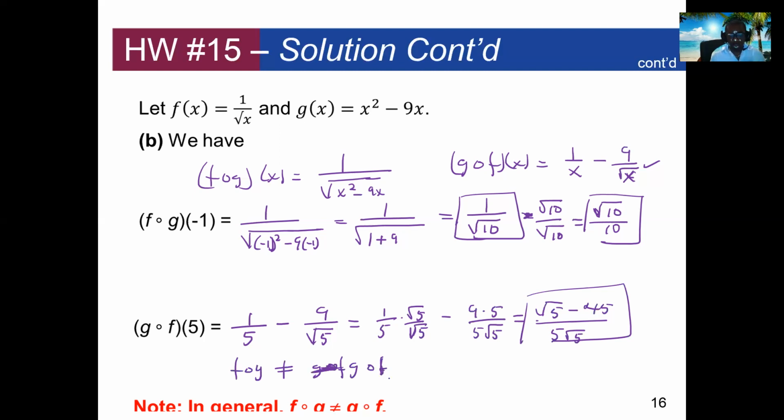This only happens, f of g will only be equal to g composed with f, if they are inverses. If f and g are inverse functions of each other, which we'll talk about in the next section. All right.